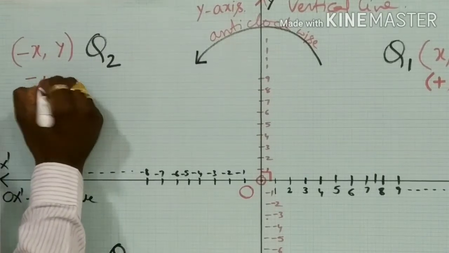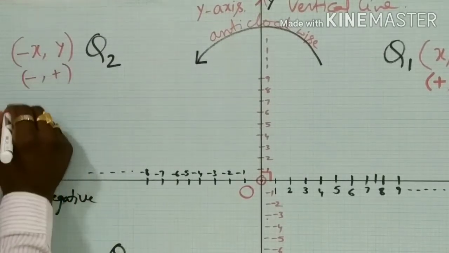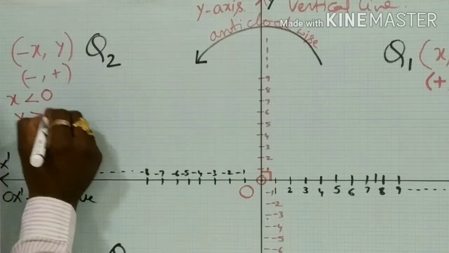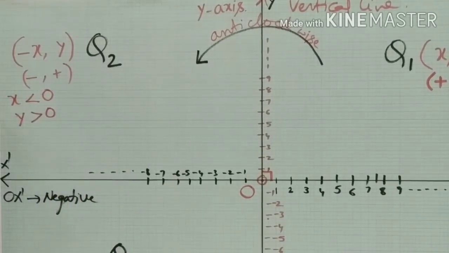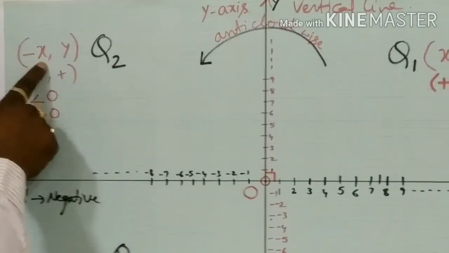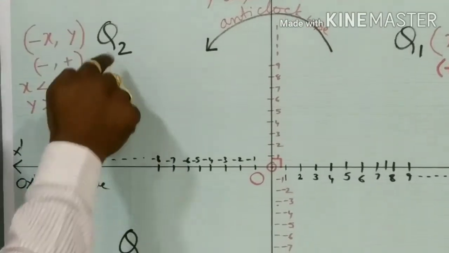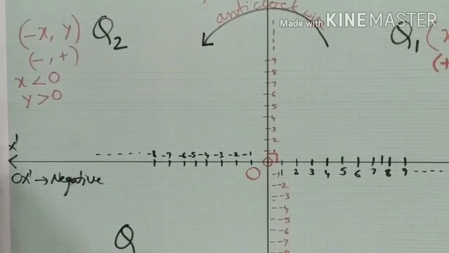That is minus comma plus. That means x values are less than 0 and y values are greater than 0. If any ordered pair has x negative and y positive, the ordered pair will be located in the second quadrant.